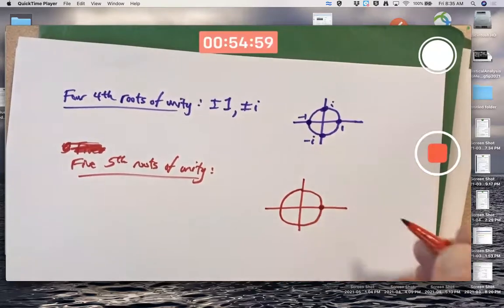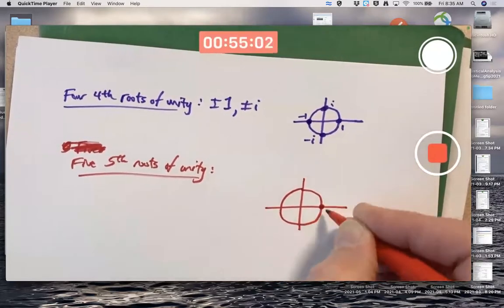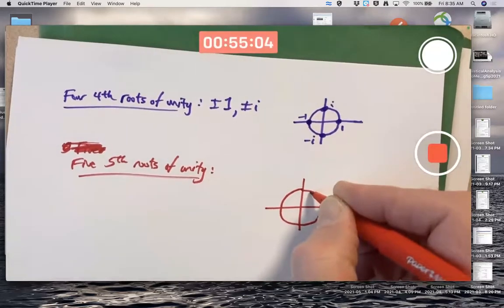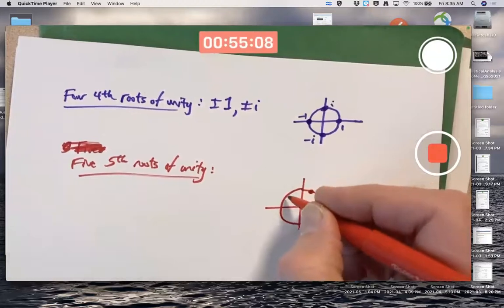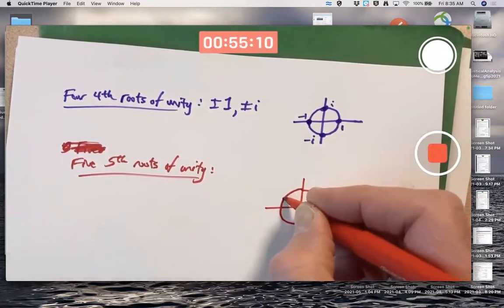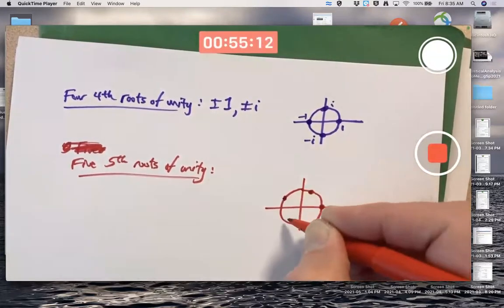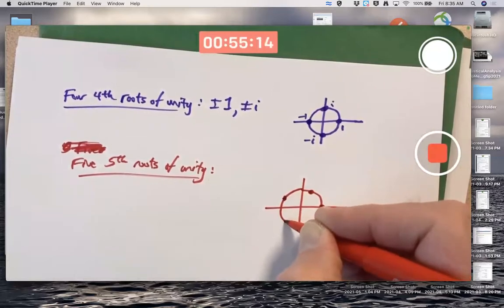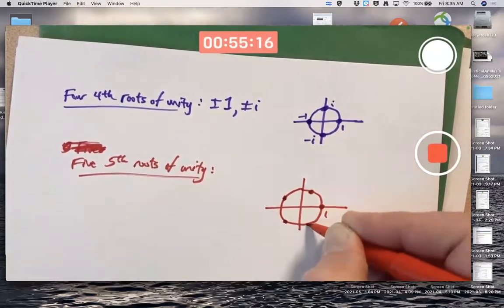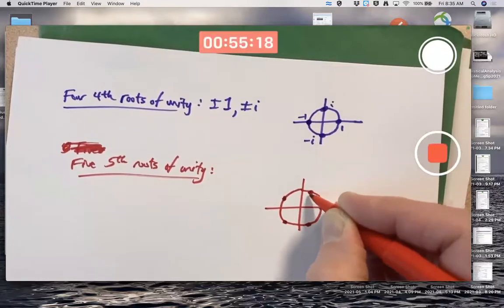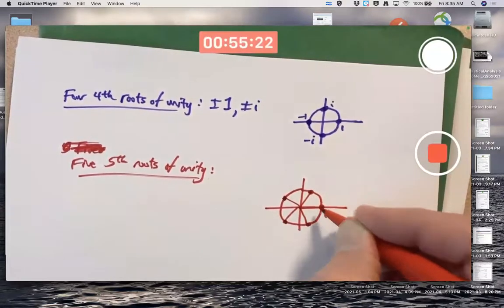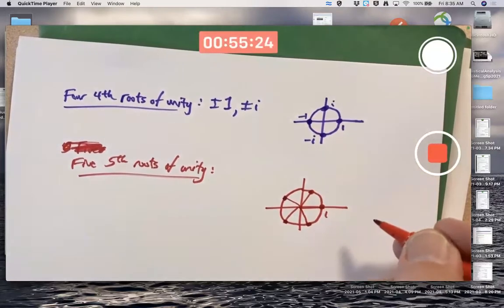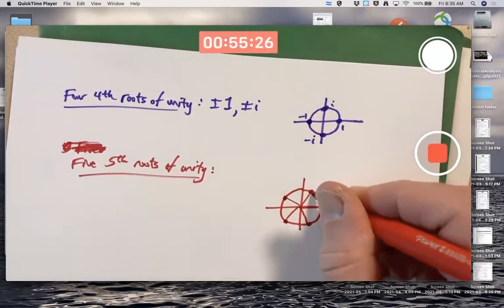They should be 72 degrees apart on the unit circle, starting with 1. Something about like this. If you connect the dots, you get a regular pentagon.